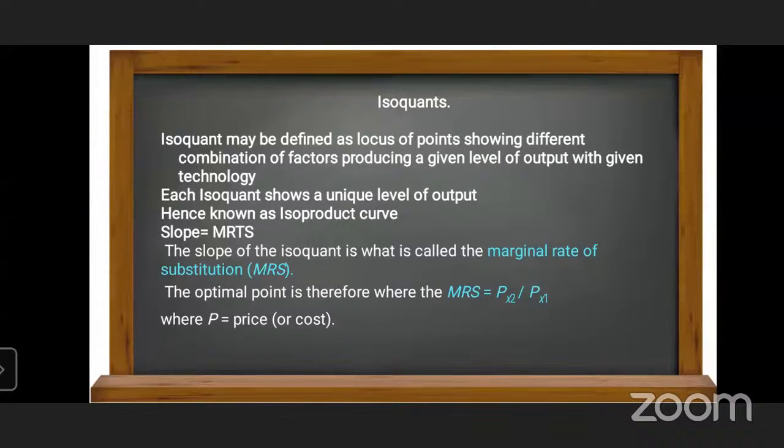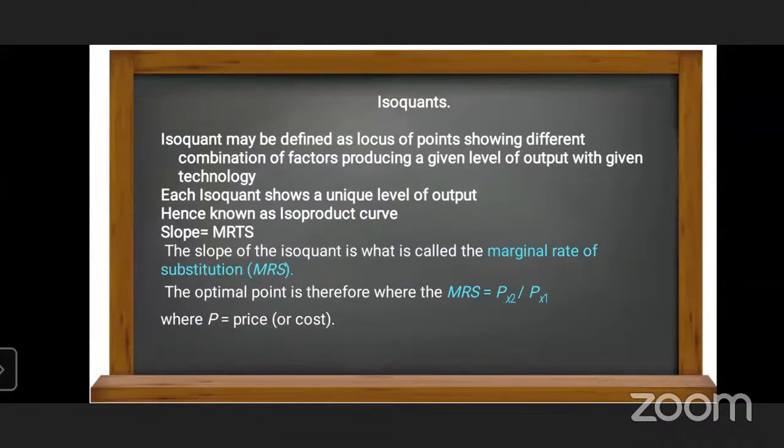Okay, isoquants is there. Now the definition of isoquant. What is isoquant? See, if we try to learn the definition by heart, it may again get confused because there are so many definitions: isoquant, isocline, ridge line, scale line. So just try to draw the isoquant and then try to define the isoquant. I can't draw here because I'm using mobile, but try to understand. We are taking two axes where inputs are there.